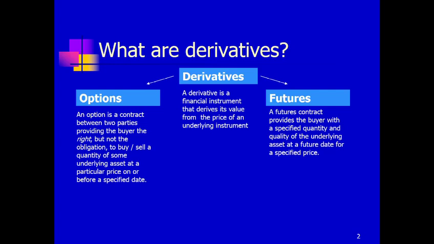If, for example, I want to work out the value of a futures contract today, does anyone want to guess how I would do that? It's actually very simple. You know the answer basically already.